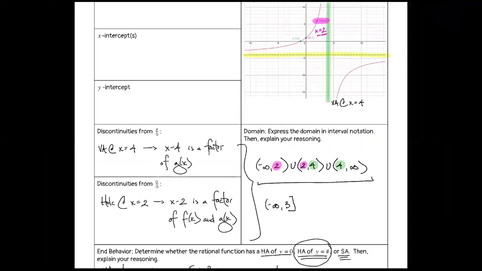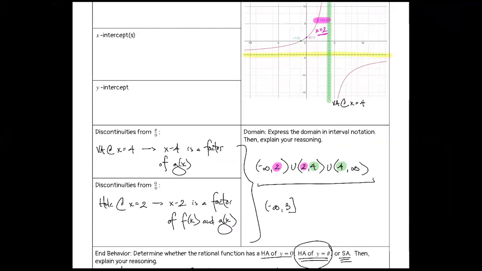What's wrong with just changing the 2 to a 3? Yeah, I'm still including the 2. Then I've had other students who say, well, if I can't include the 2, I'm going to put a 1 here because 1 is smaller than 2. What's wrong with having a 1 there?